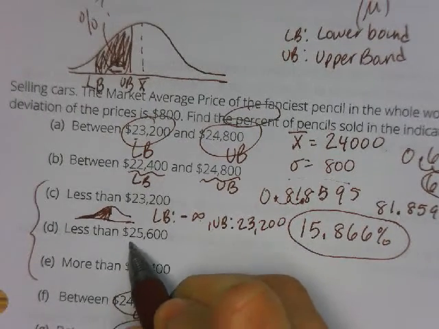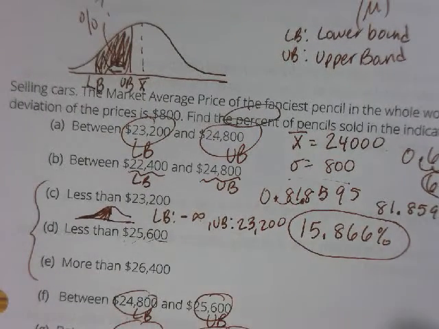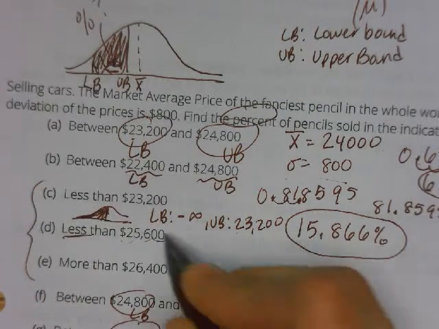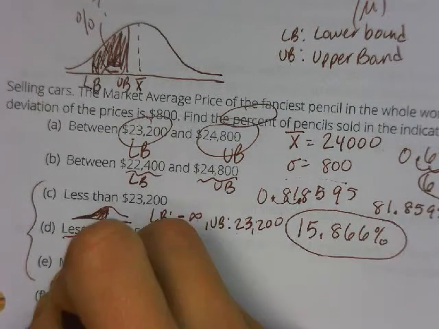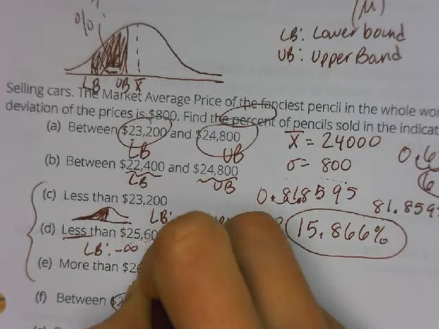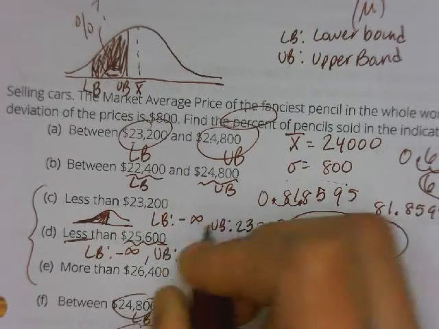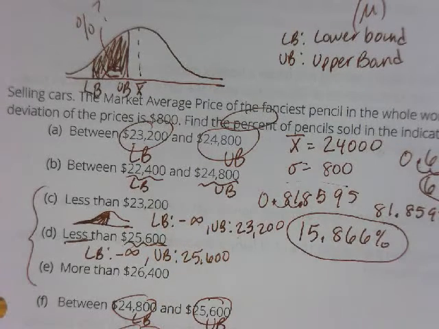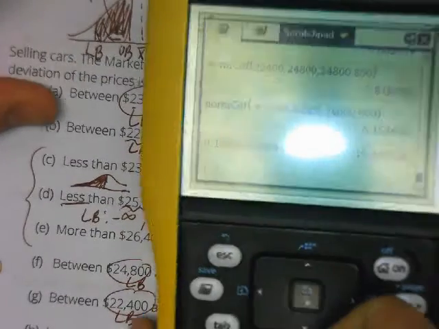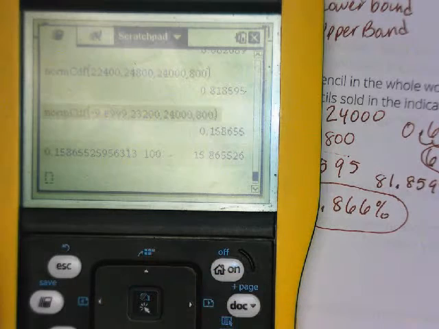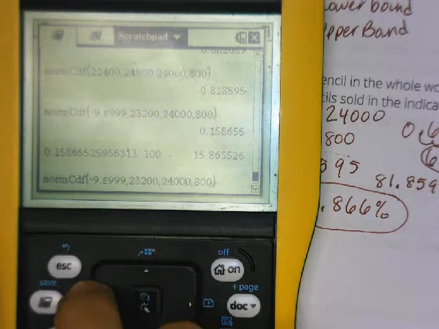Part D, less than $25,600. Less than is a key word that your lower bound is negative infinity. So, lower bound, negative infinity. Upper bound, here's your upper bound right here, 25,600. We have the same mean and the same standard deviation as before. I'm just going to change this.